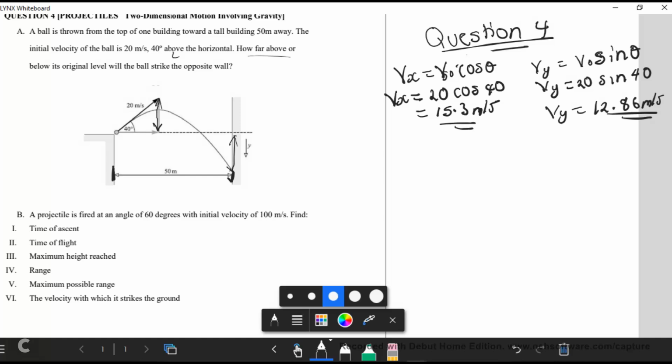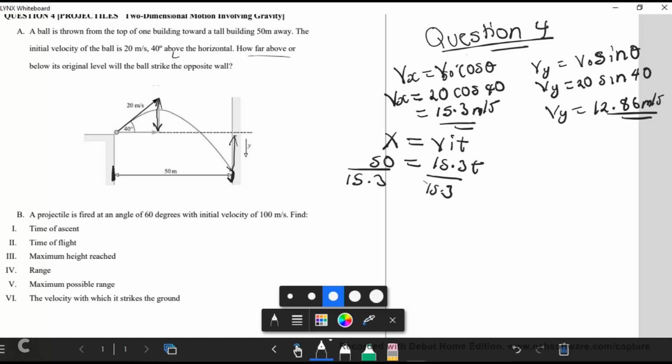You're supposed to say the range or the displacement is equal to v i t. What's the displacement here? It is 50 here. Then there it is 15.3 in the x-axis, remember, t. The range is in the x-axis, so we're supposed to use everything in the x-axis.